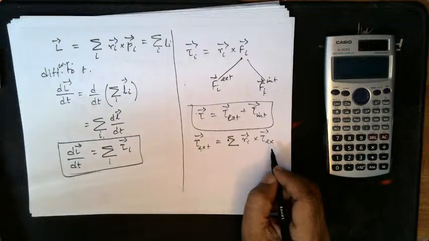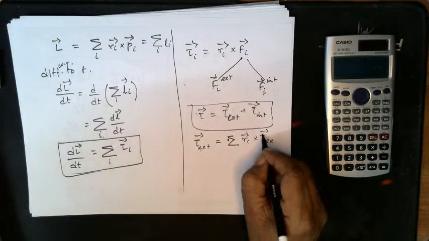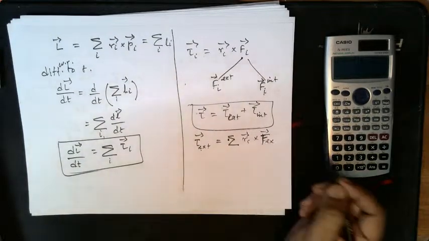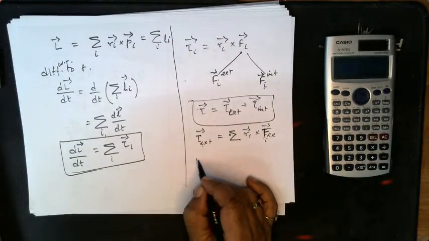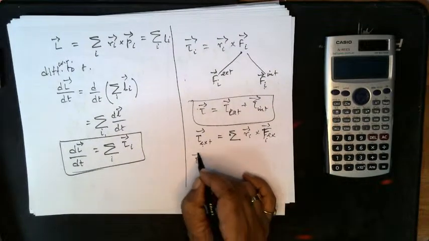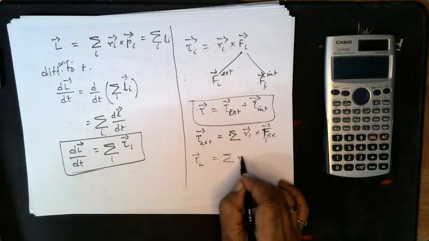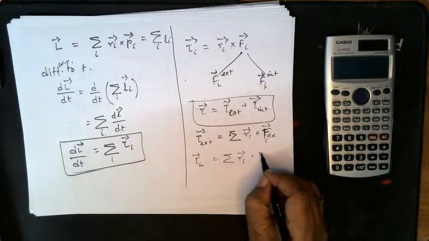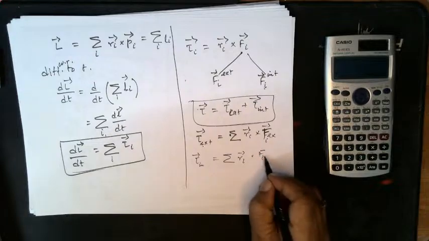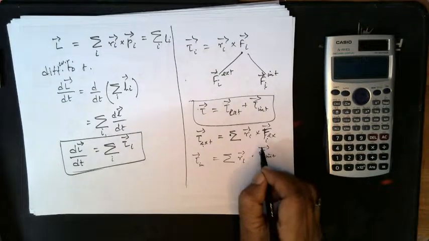Okay, got it? Can you write down tau internal? Tau internal is the sum of Ri cross Fi internal vector. Don't forget the vector.